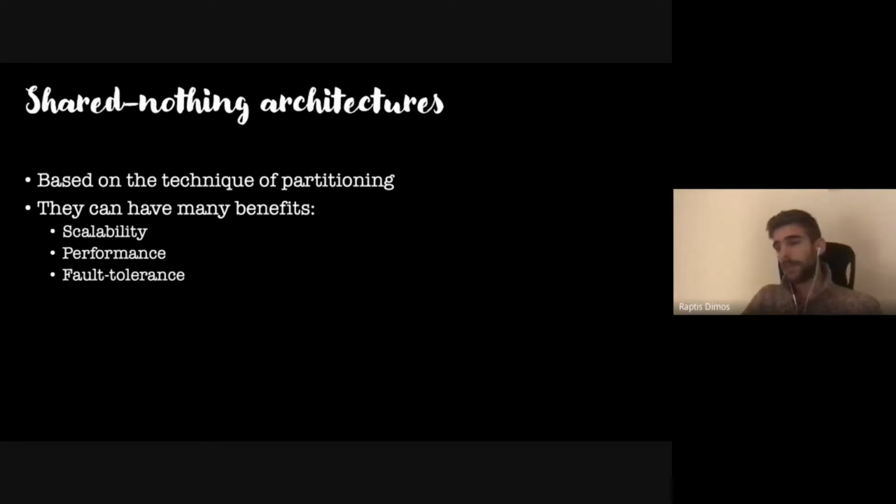The second benefit is performance, and we have this benefit because, again, as we split the system into multiple subsystems, requests can go to each one of those partitions, and they can be handled only by this part of the system. And so we have less contention and interference between these different parts of the system, the different partitions. This means we can have higher performance because of this.